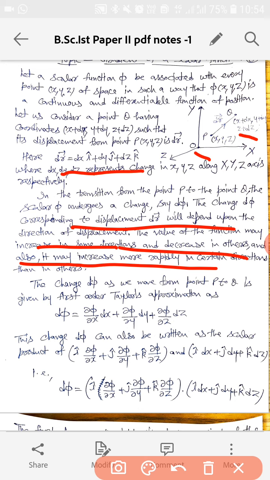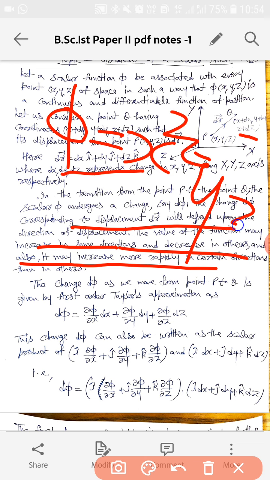You will get to understand this because phi is a function of x, y, z. For example, consider phi defined as x square y z. Our scalar function is like that, and its dependency on x, y, z is like that. Its dependency on x is a square function, y is linear, and z is linear.